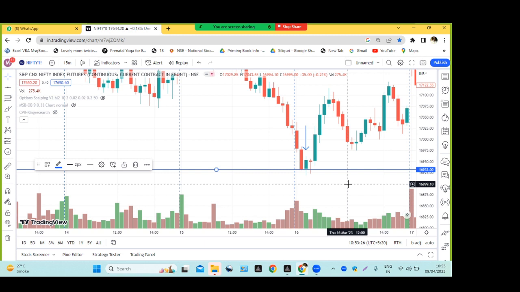Now you are trading on 15-minute. Remember, you will place a stop loss over here and let's say go long. Why are you entering over here, and this is your stop loss, and at least 1 to 1.5 reward. So the target is somewhere here. See, you got your target within the first 15 minutes.